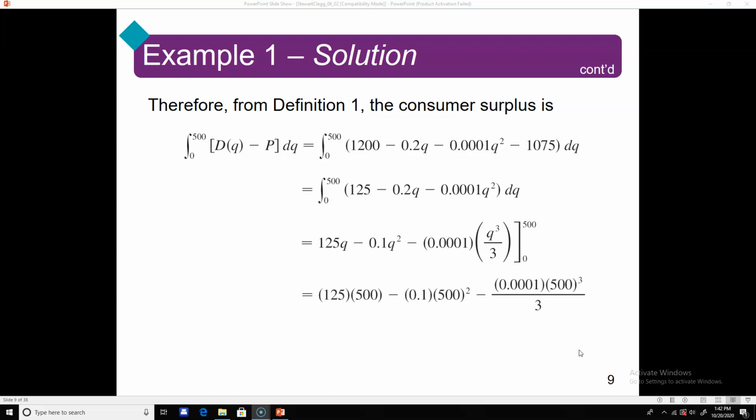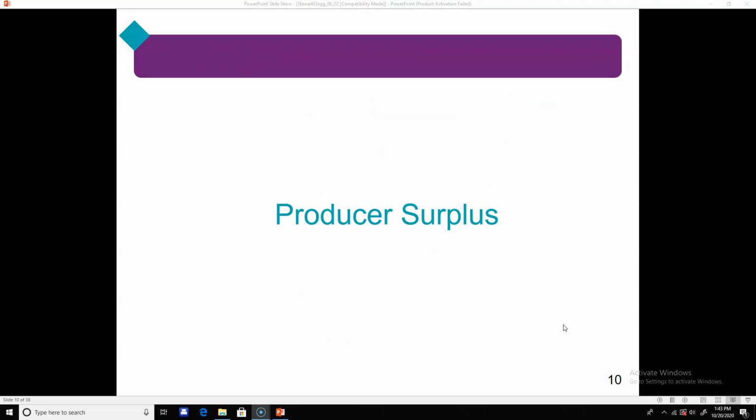So we get the antiderivative, we plug in the numbers. Again, whenever you plug 0 into the antiderivative of a polynomial, it just vanishes. And so we get our answer, which the consumer surplus here is $33,333.33.